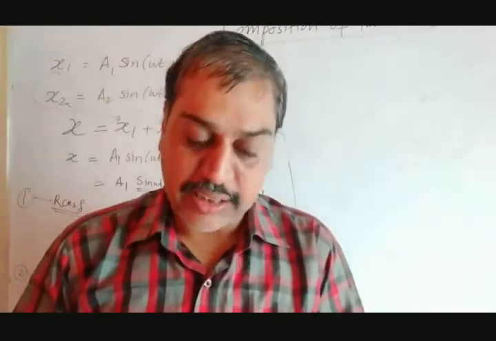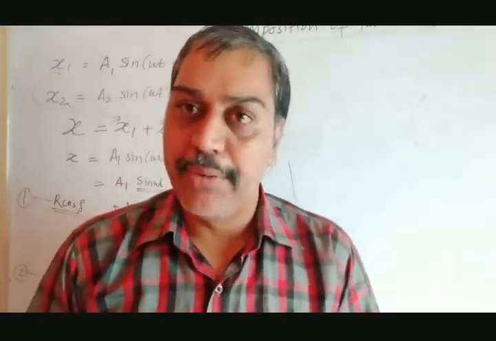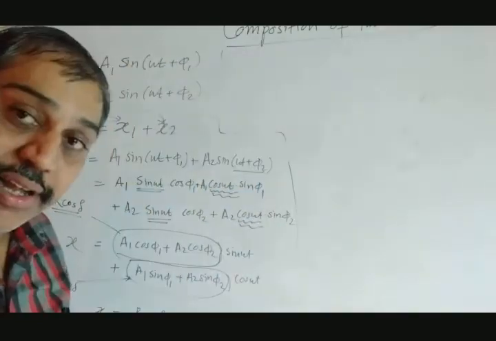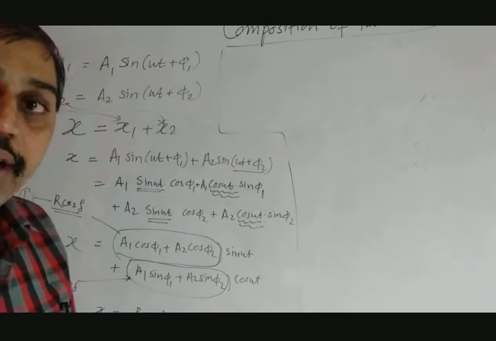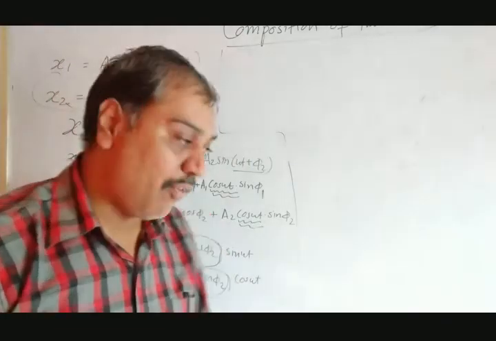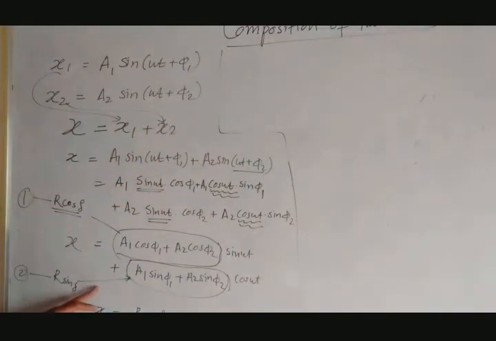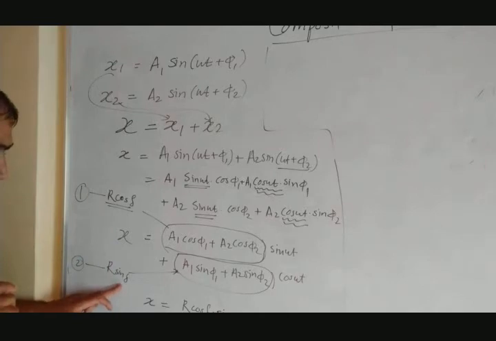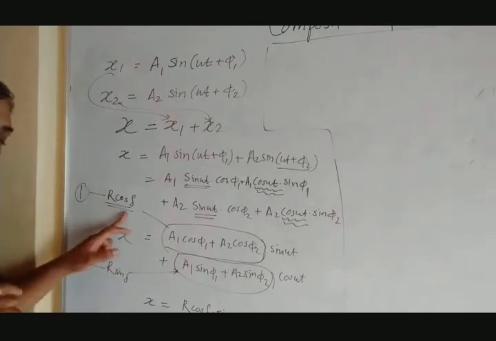Now we are interested to find out the amplitude and the phase. Means we want to find out r here, and we want to find out delta. For this, square equations 1 and 2 and add them. Left hand side: r square sine square delta plus r square cos square delta.